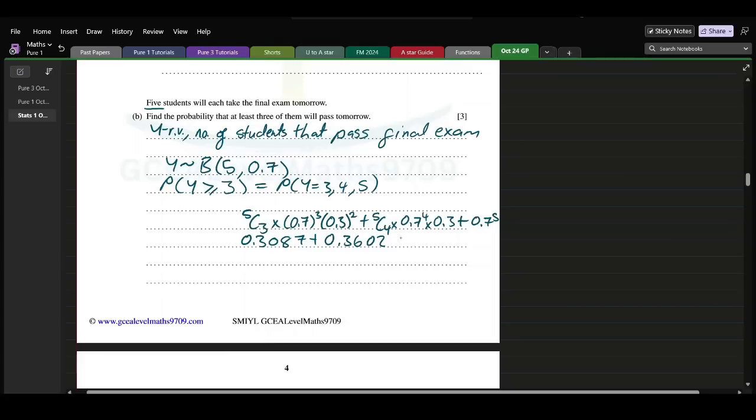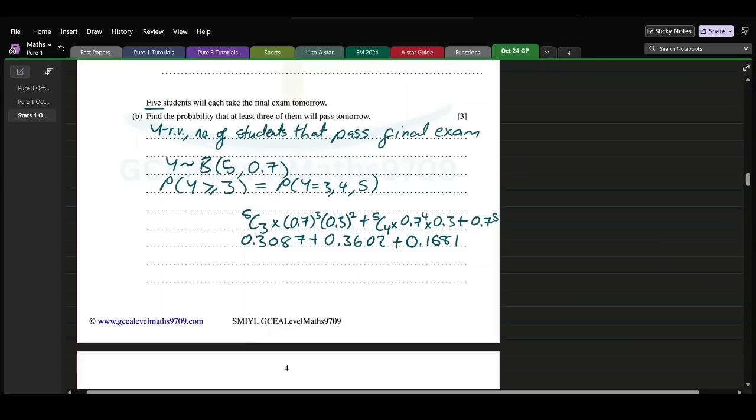And then finally we've got our 0.7 to the power 5, and that is 0.1681. Let's add up all our probabilities.